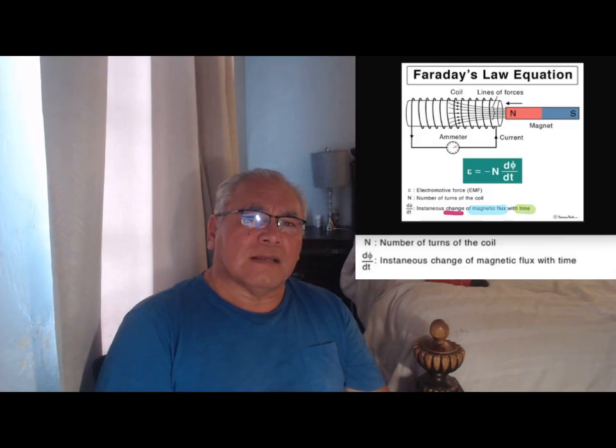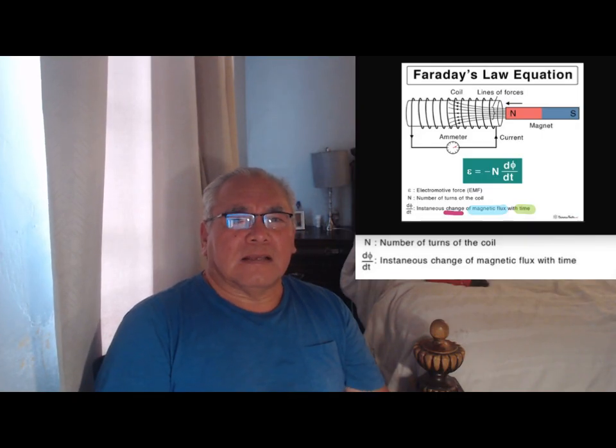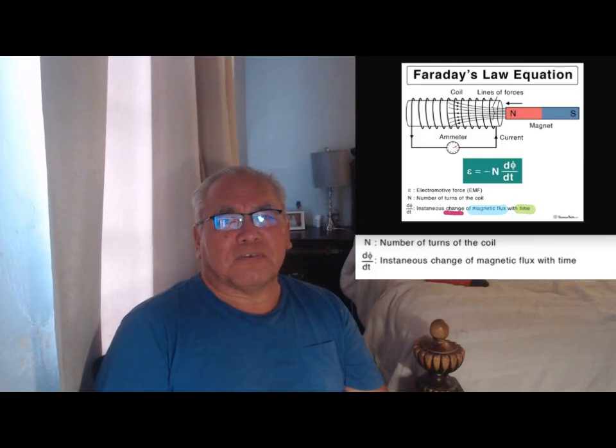Let's say, for example, if you can see the formula right now, let's say the time is 1 second and you're getting 3 volts out of your coil. You want to increase it by 10. What do you need to do?